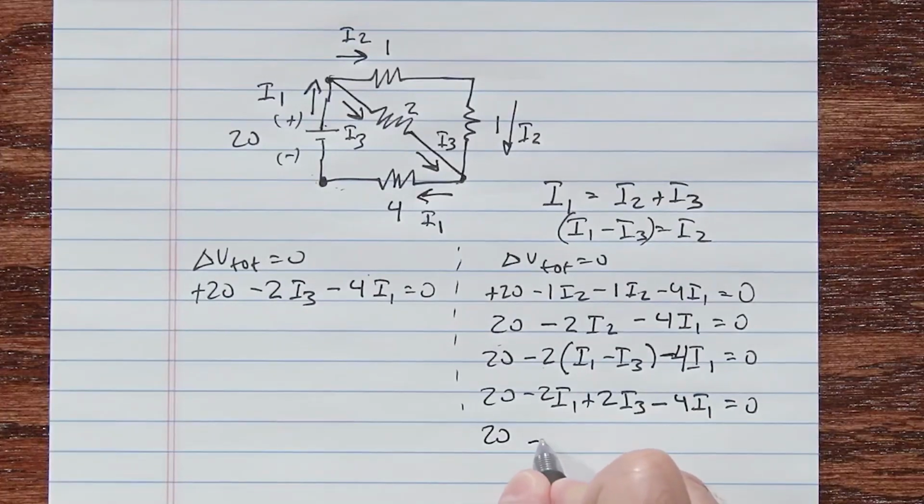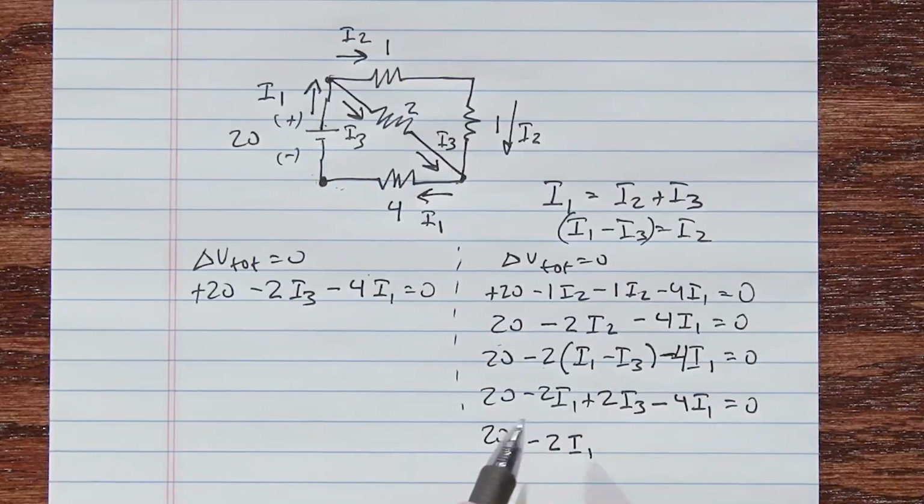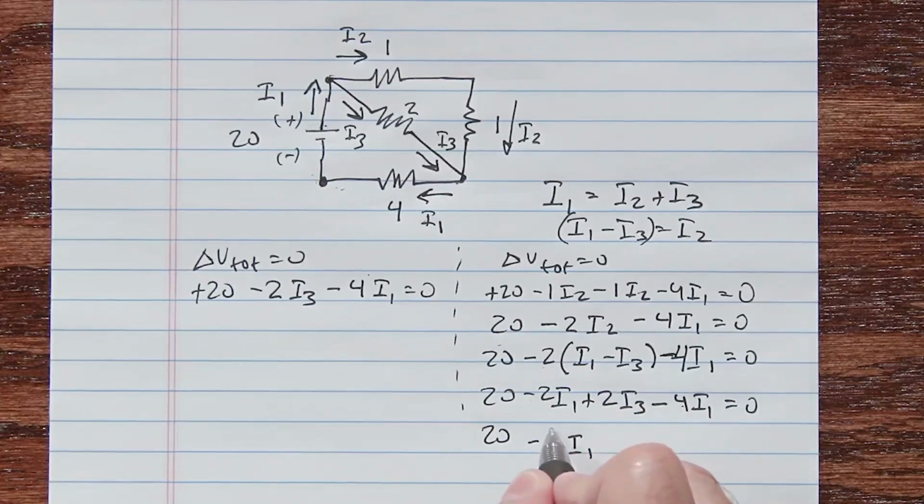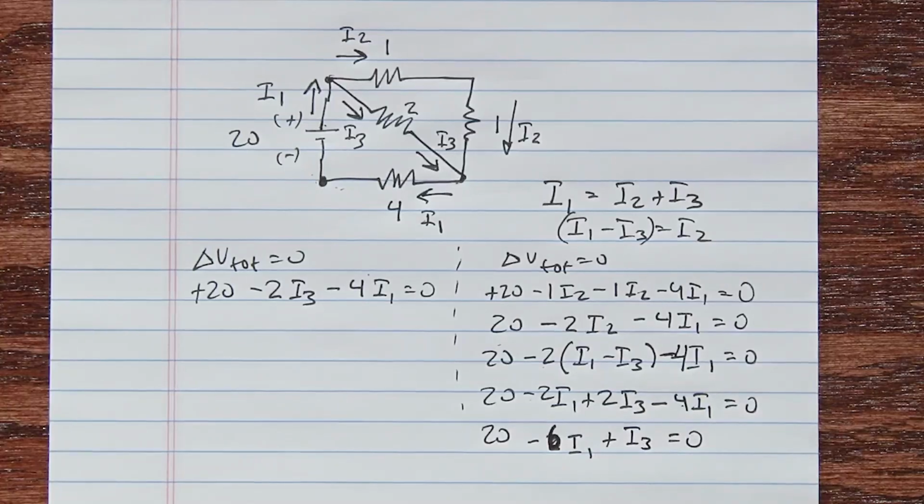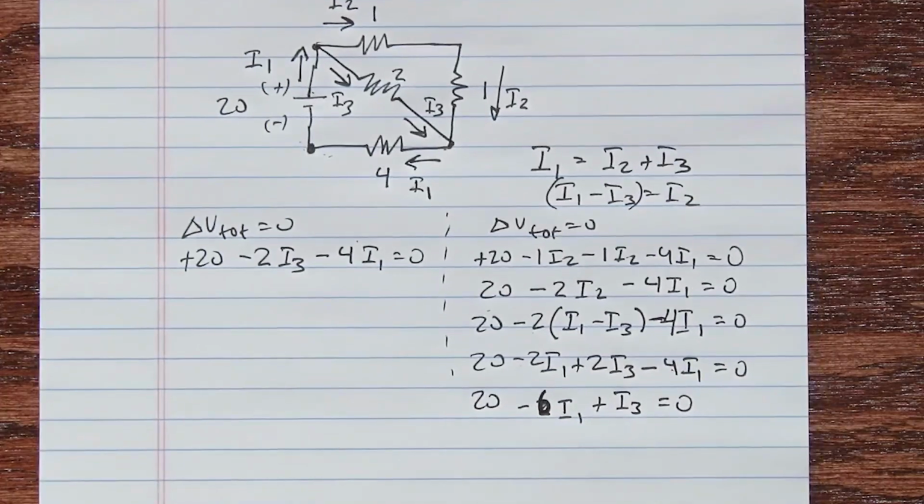20 minus 2I1, minus 4I1, so that should actually be minus 6I1. 20 minus 6I1 plus 2I3 is equal to 0. I'm going to add 6I1 to both sides.